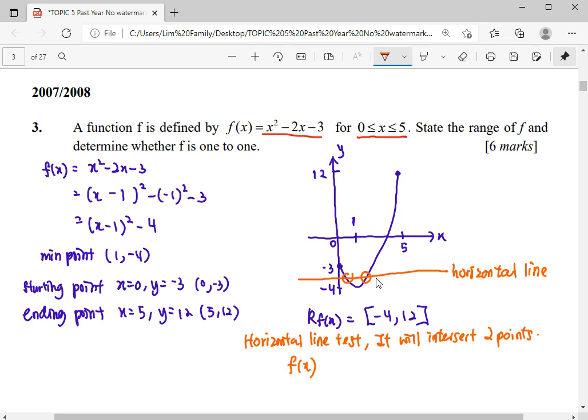So this function definitely is not a 1 to 1 function.